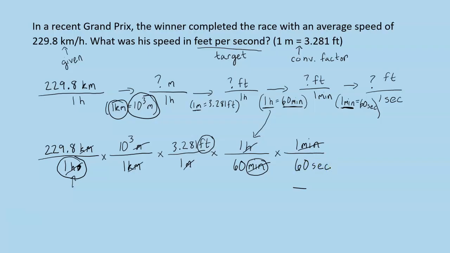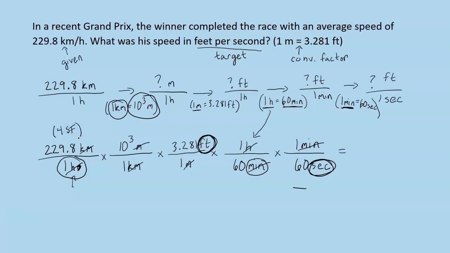Okay, so now everything has canceled out, and the only thing that I have left are the feet up top here and the seconds down bottom here, which is what my target is, feet per second. Okay, so plugging this into a calculator and considering sig figs, our given information, our starting number of 229.8, that was 4 sig figs.